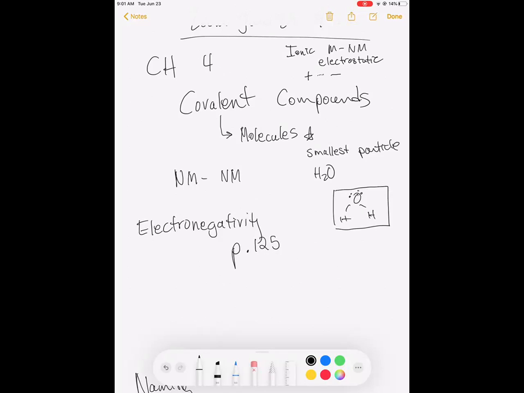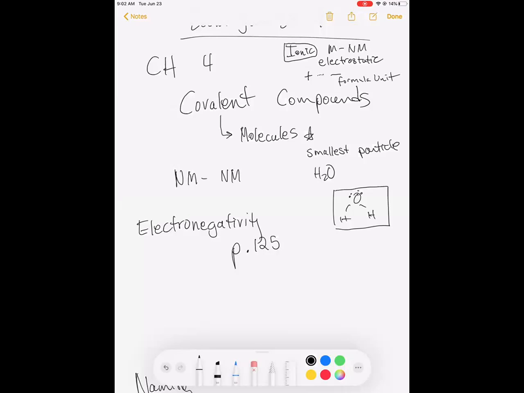And the smallest particle of an ionic substance is called a formula unit. It's not really called a molecule, okay?